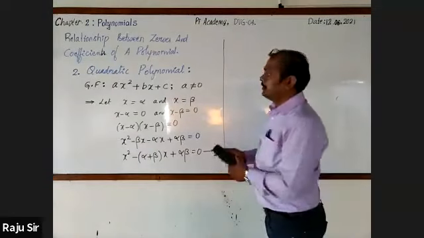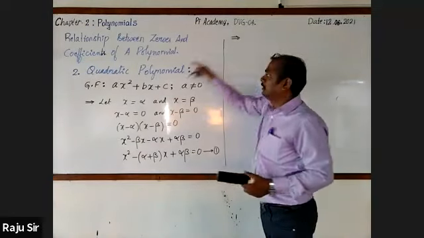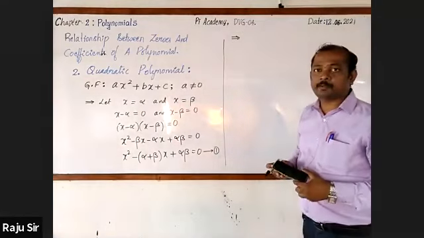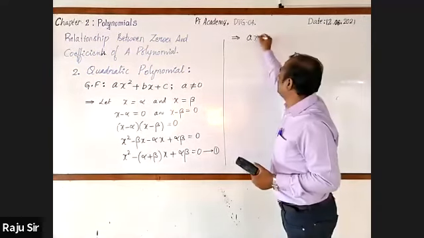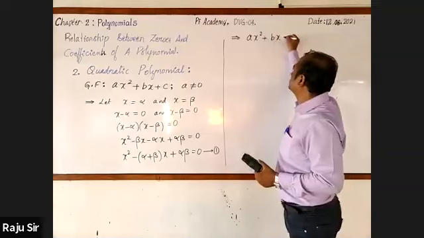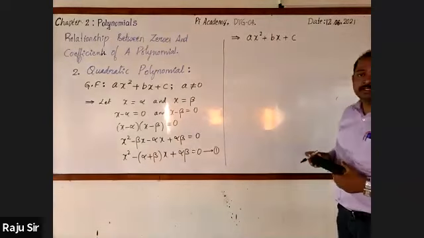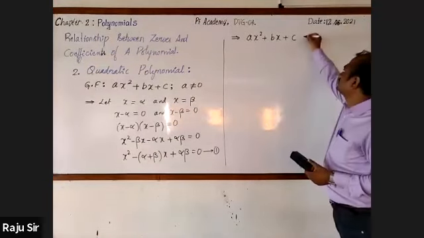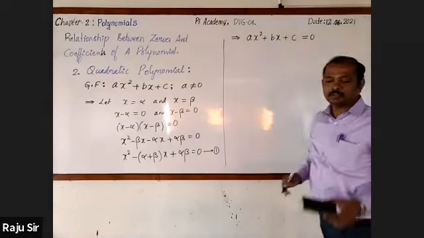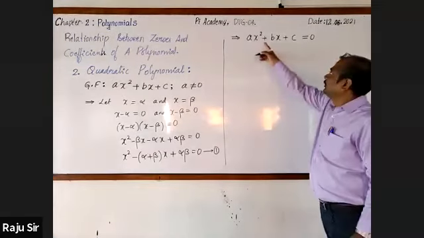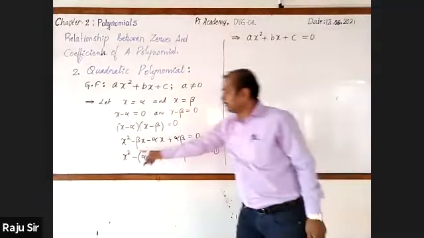Next, let us go for using the given quadratic polynomial, that is ax square plus bx plus c. As we are going to find out the zeros, let us equate that to 0. Coefficient of x square should be 1.